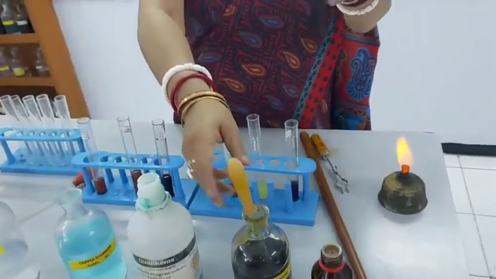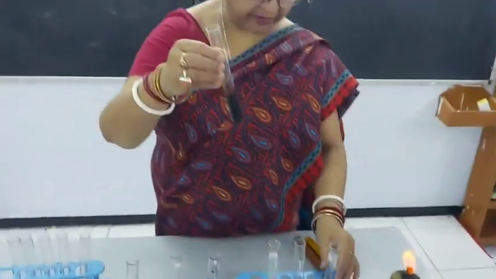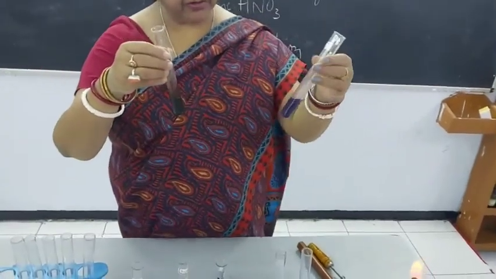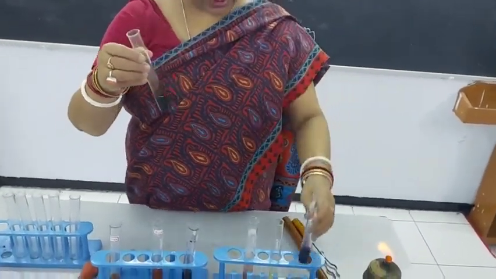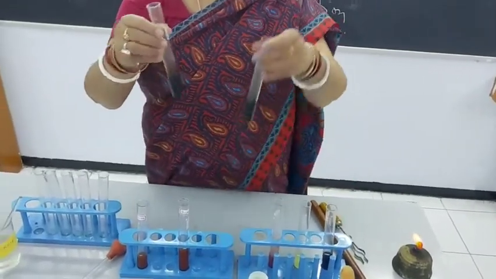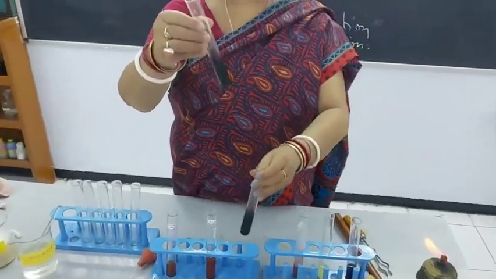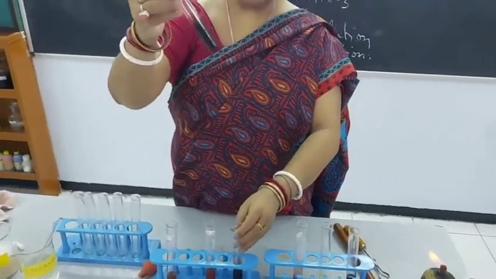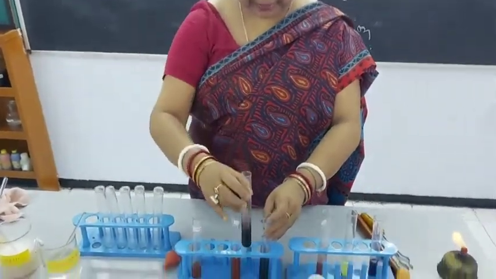Now after adding iodine, you get this type of color. We have already done this beforehand for you. So blue-black color comes if starch is present.